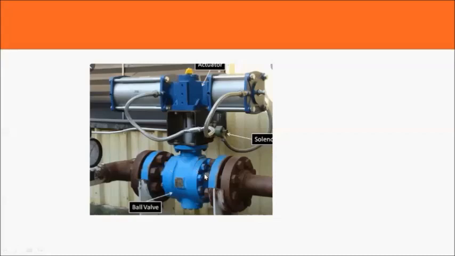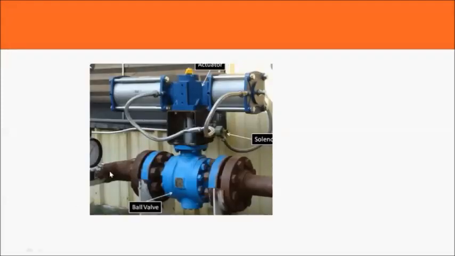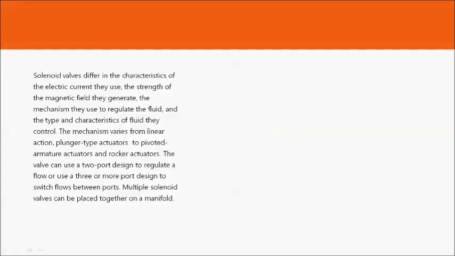But in other actuators, we can also control the pressure of the air. For this example, we control the flow of water. That's why actuator is very important also. As you can see, the valve can have how many ports? This is only one and two port, or we can add another port to control the flow, okay?